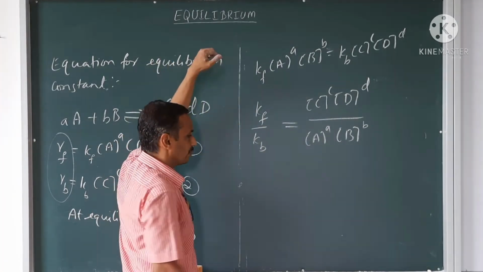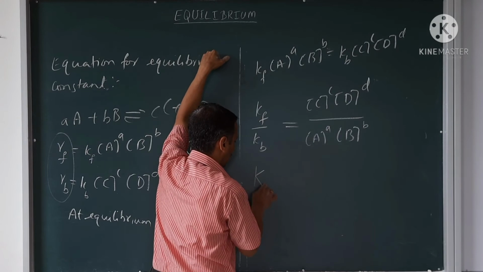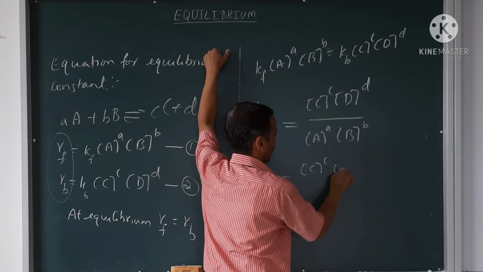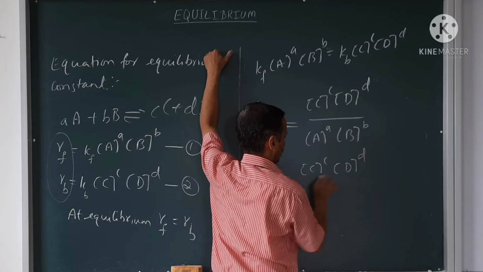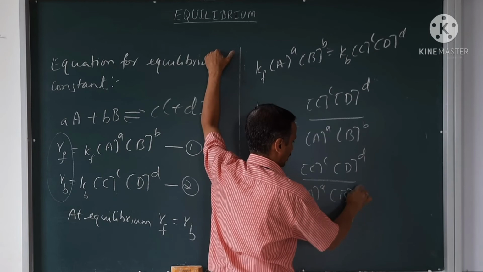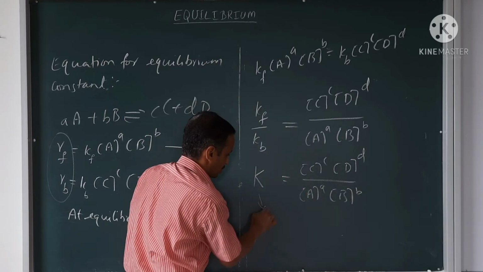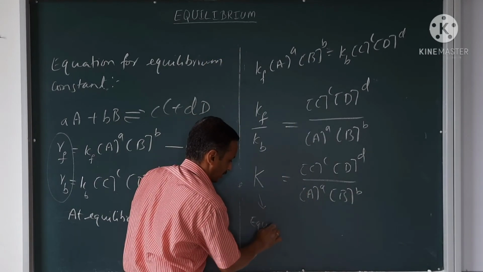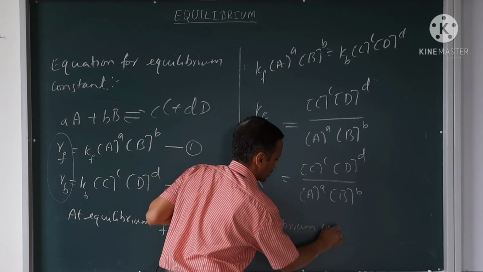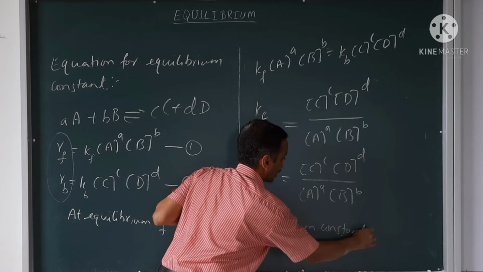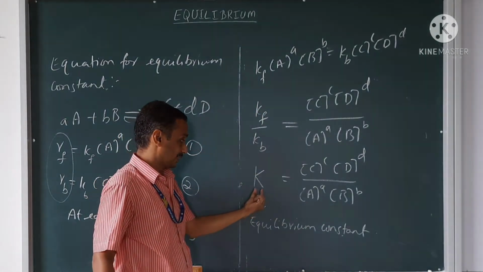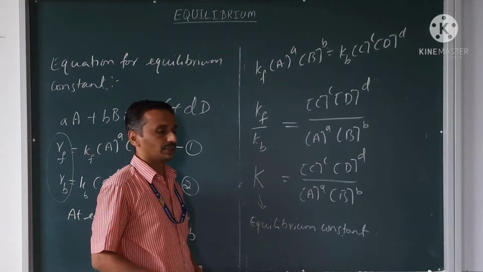Constant by constant will be another constant. I write a capital K is equal to [C]^c [D]^d divided by [A]^a [B]^b, where K is the equilibrium constant. What I wrote here is the small k, whereas here it is the capital K, which is the equilibrium constant.